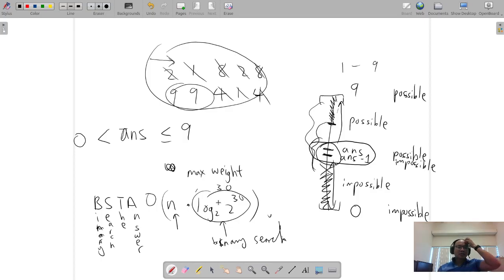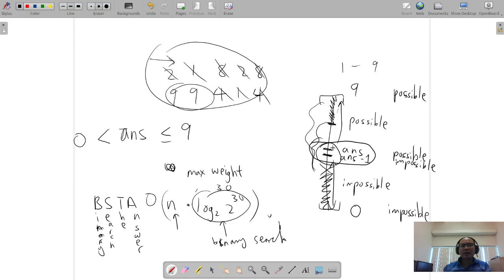So in this case, what we're saying is, if somebody gives you the answer, can you check if it's possible or not quickly? And in this case, we can. At the same time, we have this structure where the answers will change from impossible as you go up and then to possible, right?